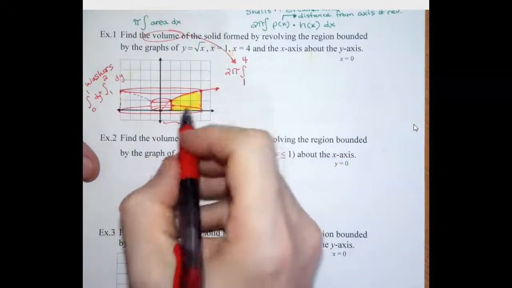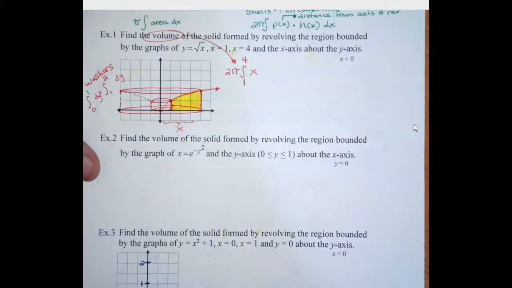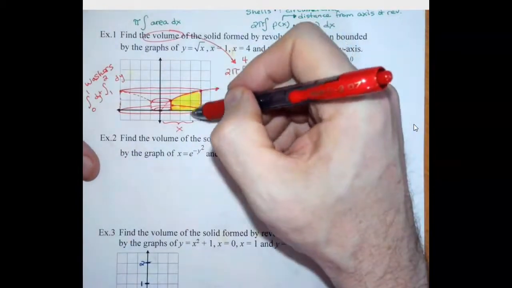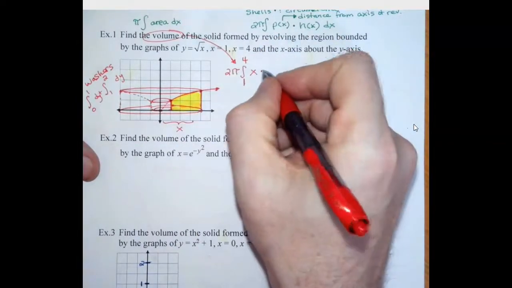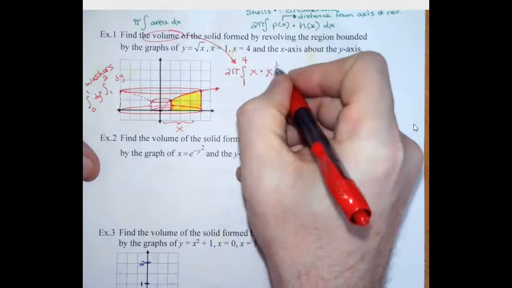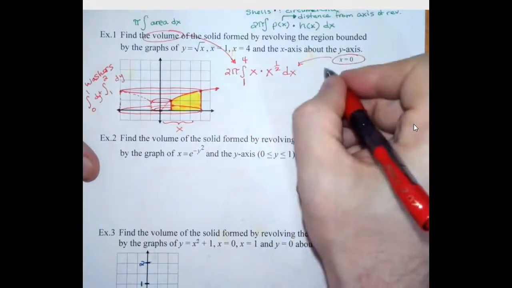So that's just x. And most of the time that should be the case. So that's going to be x. And then we want the height of the shell. So the height of the shell is just x to the 1/2. And then dx, because shells are the same.